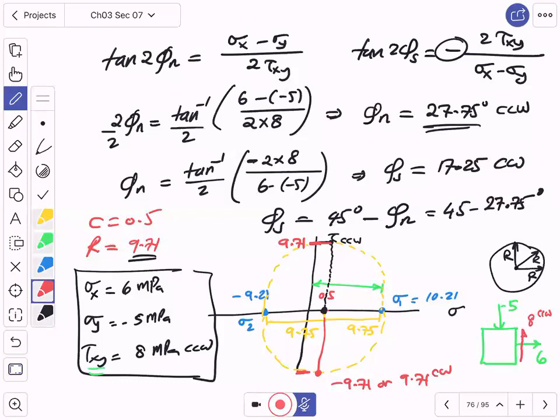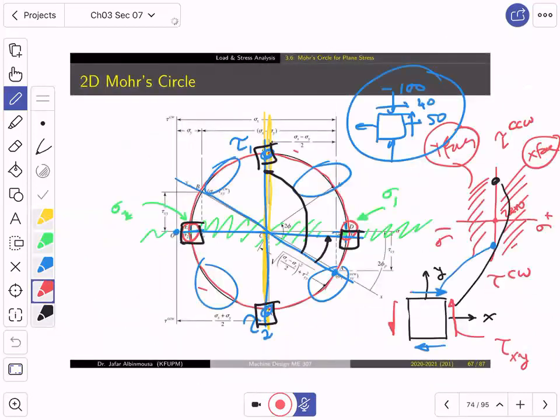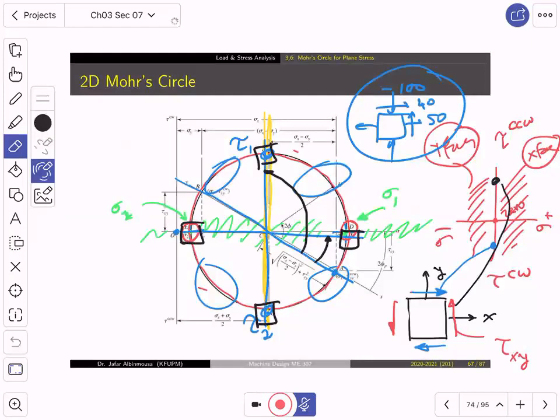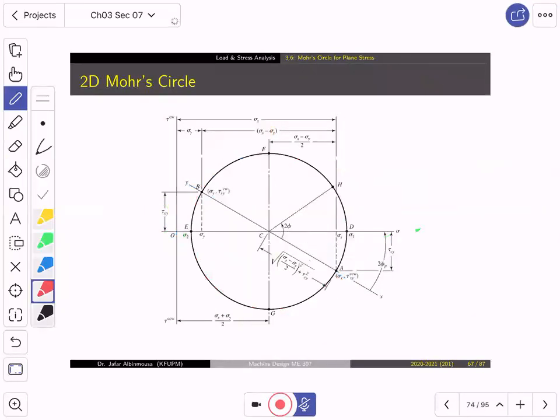Good. Good, guys. Good. Okay, now there is only one thing I think I need to comment on. Sorry, guys, I need to go back here and explain one thing.